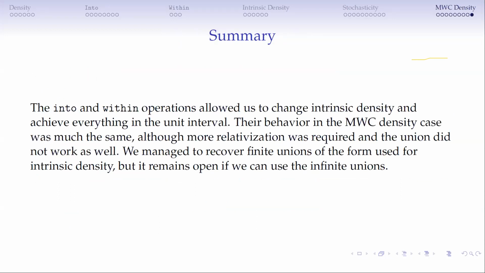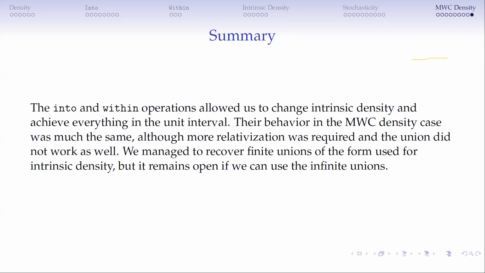Okay, so very quickly to summarize before I'm done. So we took these two non-computable operations once we realized computable operations weren't going to work, and we used them to essentially get every intrinsic density from a random, and possibly if the intrinsic density we want to achieve is non-computable, we might need that too.